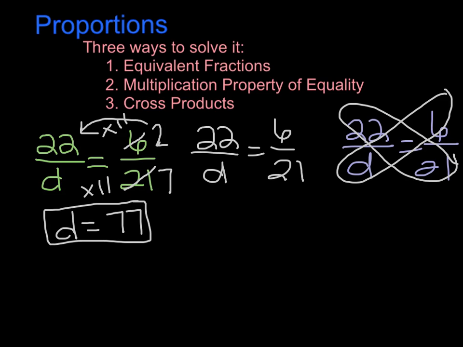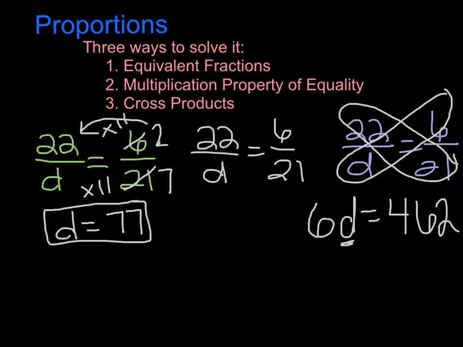So the first one, when you multiply 6 times D, you get 6D. And when you multiply 22 times 21, you get 462. And now you have a basic one-step equation.